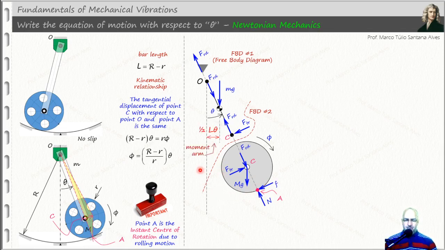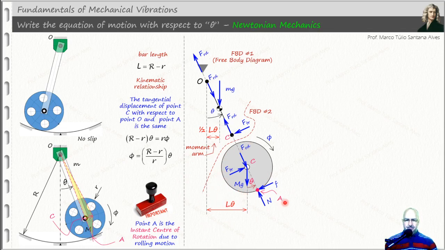Now we need to know the moment arms. The first moment arm is related to the center of gravity of the bar, as you can see here: one half times L times sine theta. The same way for the disk: L times sine theta.